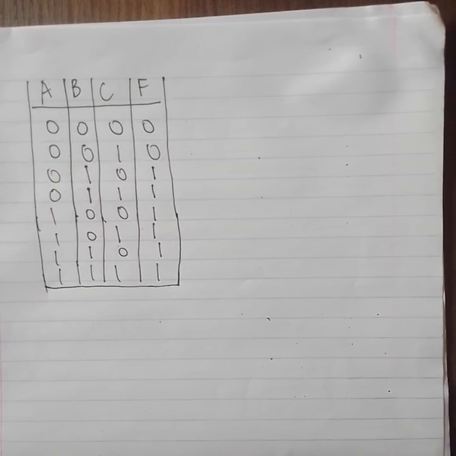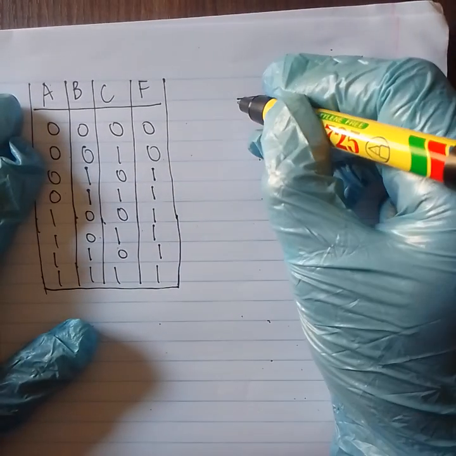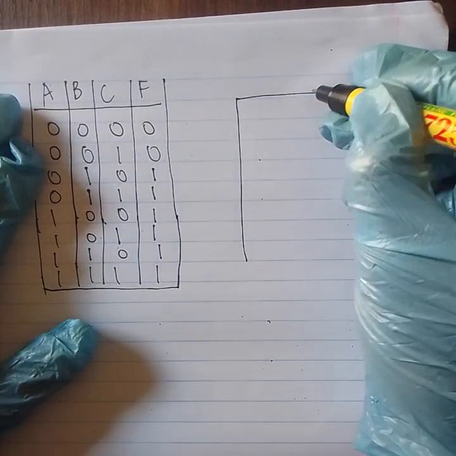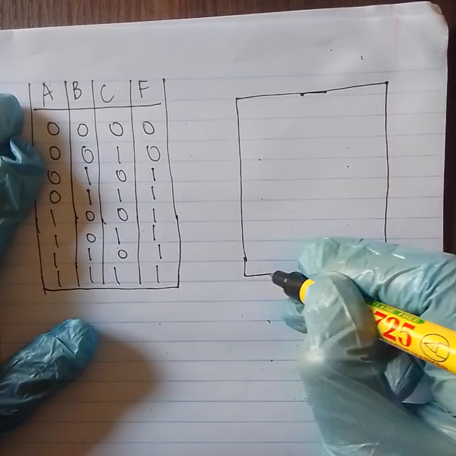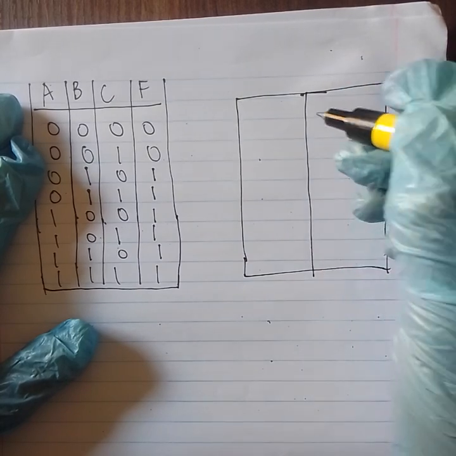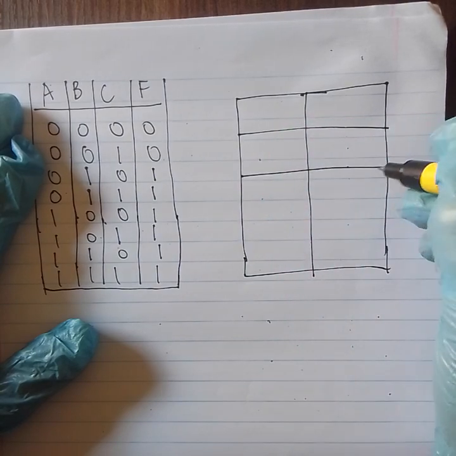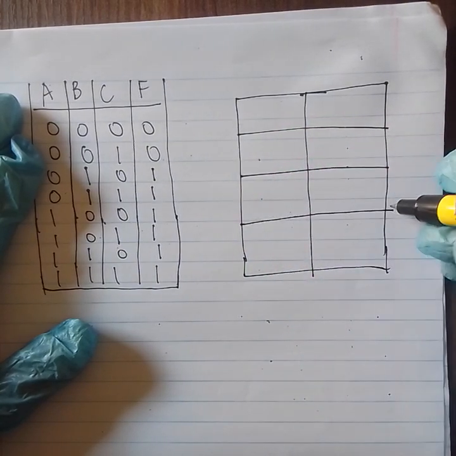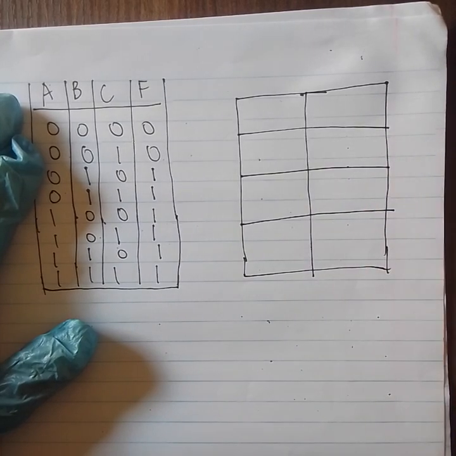Okay, to plot the K-map, we need to have 8 cells. 1, 2, 3, 4, 5, 6, 7, 8.